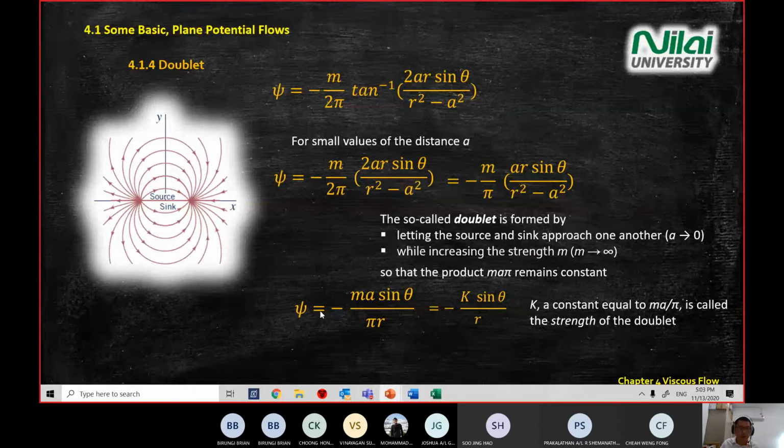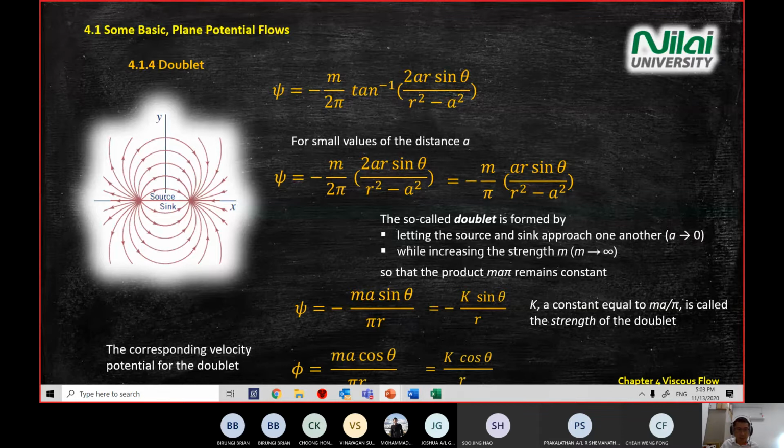Now if we have a doublet, there's another definition for the strength, and another term for the velocity potential, which equals ma cos theta divided by pi r. Again, you can simplify ma divided by pi with K.